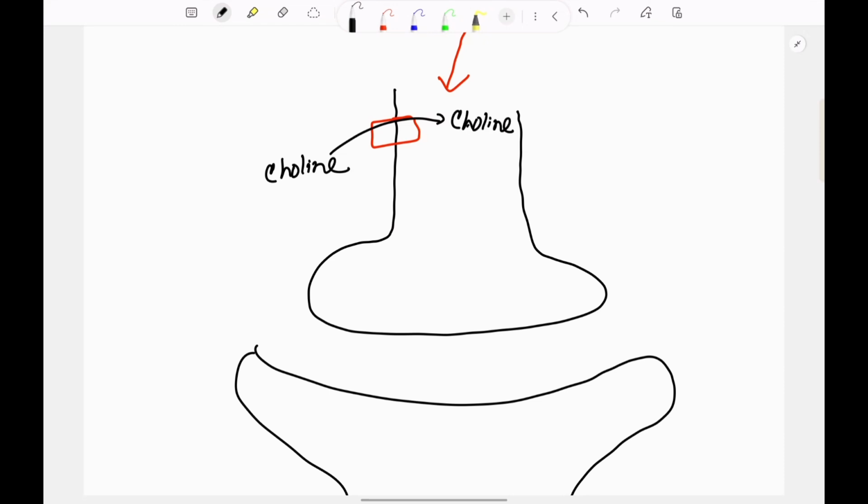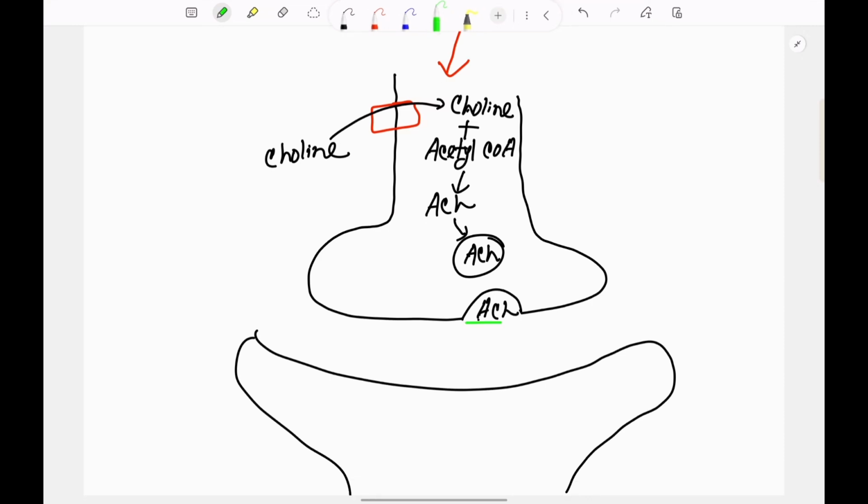In the nerve ending, choline combines with acetyl-CoA, which was previously present there, and forms acetylcholine. Then this acetylcholine enters a vesicle and is stored here. On proper stimulation, the acetylcholine is released into the synaptic cleft. After release into the synaptic cleft, it has two fates.